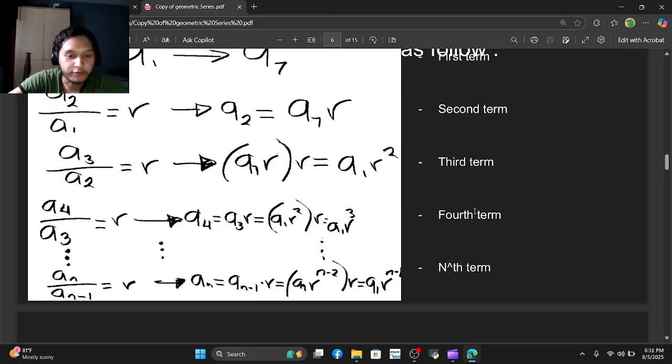Now let's do the fourth term. We take the fourth term, we divide it by the third term, we have the ratio. We know what the ratio means, right? So the fourth term is equal to the third term, because the third term is equal to the first term times the ratio squared.